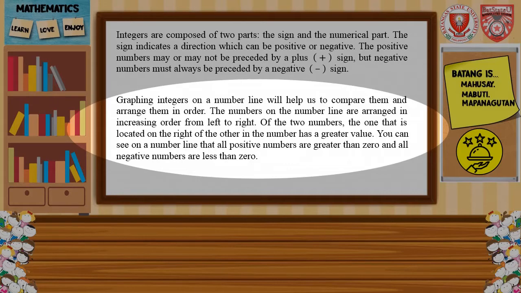The numbers on the number line are arranged in increasing order from left to right. Of two numbers, the one located on the right side on the number line has the greater value. You can see on the number line that all positive numbers are greater than 0, and all negative numbers are less than 0.